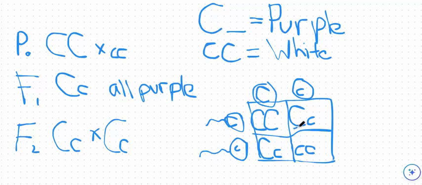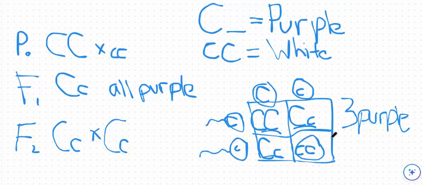So I see 1, 2, 3 out of 4 of these offspring being purple. So 3 purple, and then I only see 1 individual in this square that has white flowers.